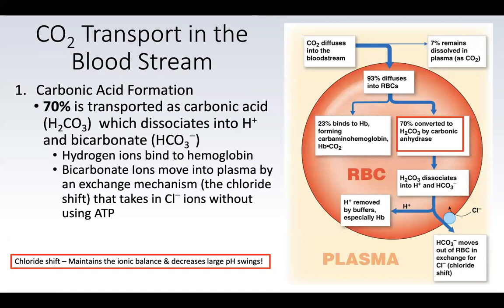Most commonly, at 70%, carbon dioxide will be transported as carbonic acid, and that is worth knowing.